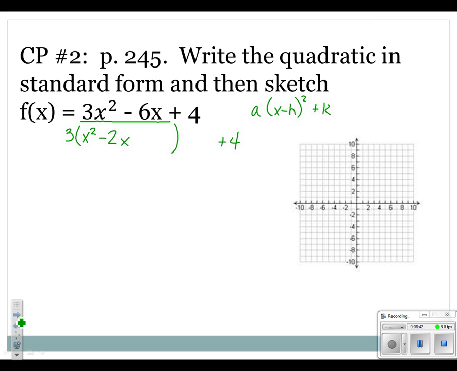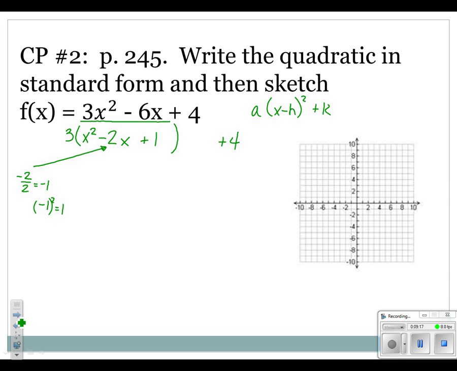Now, taking a look at that inside parenthesis part, I want to finish the process of completing the square. Remember that process is taking that x coefficient, cutting it in half, and then squaring it. So if I put a positive 1 inside this parenthesis, I would create a trinomial that's going to factor into one of those squared factors.